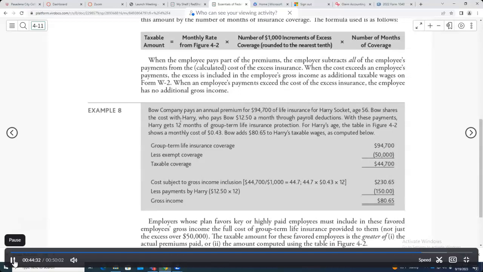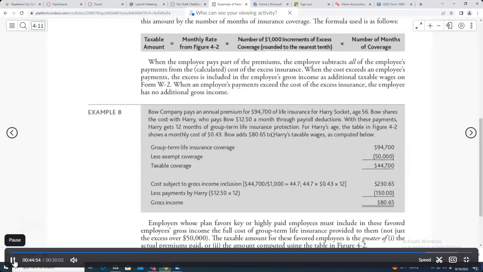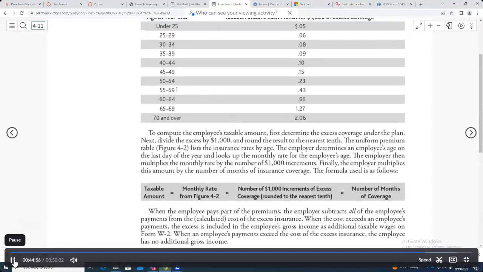Bow shares the cost with Harry, who pays Bow $1.250 a month through payroll deductions. With these payments, Harry gets 12 months of group term life insurance protection. For Harry's age, the taxable figure 4.2 shows a monthly cost of 43 cents. How old is he? 56. So 56 is here, 43 cents right there.